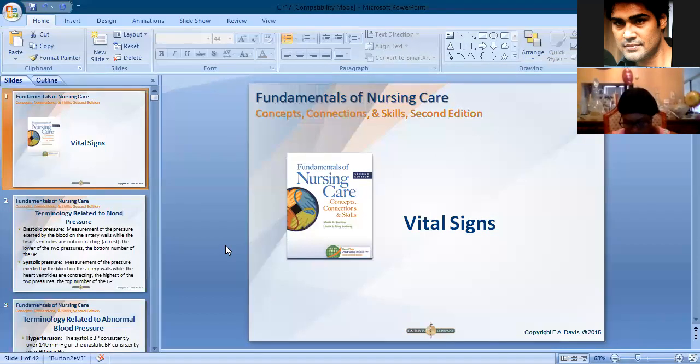So these are the four most important vital signs. But also keep in mind that pain is also a sign of vital signs. So we are actually going through all of them.